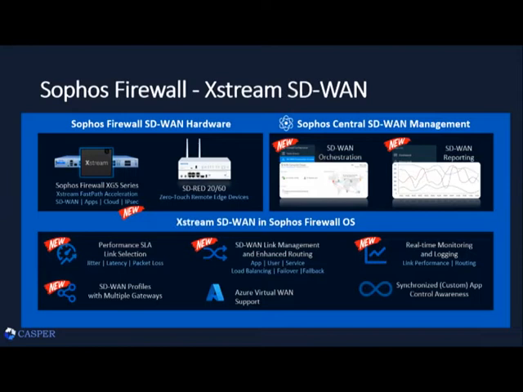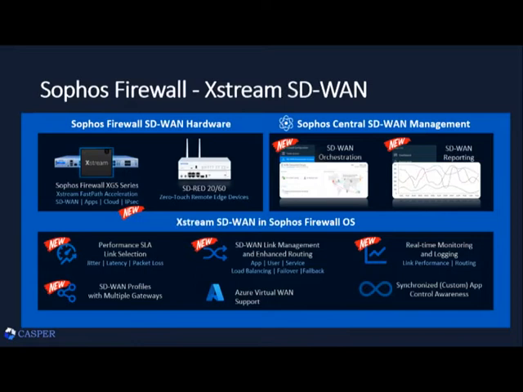Another new thing that we got with this new firmware is you now have the ability to monitor the performance of your SD-WAN configuration, that is, the performance of your links. You now have the ability to improve the link management, and you have various routing options that you may not have had before.